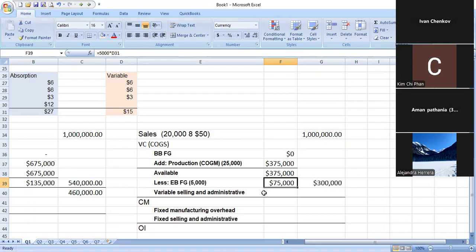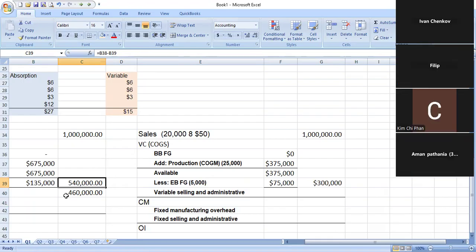So as you can see now, we start developing that difference. How much is the difference? $240,000. Can you see it? Yep. Now the question that's on the cost of goods sold: how about the ending balance? We have a difference of 60,000, right?